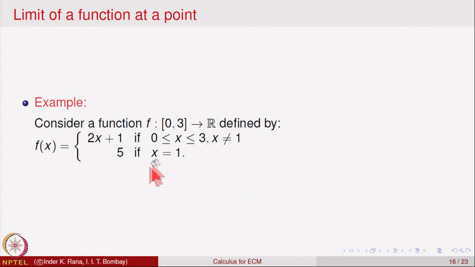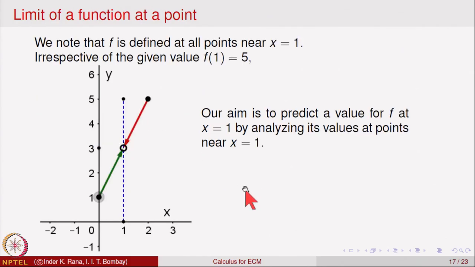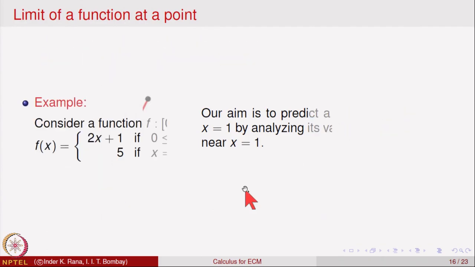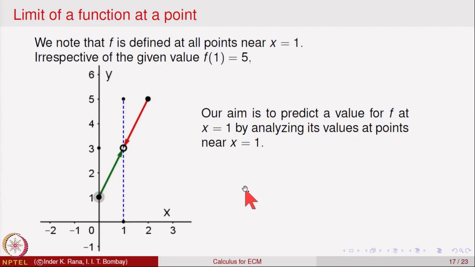Because it is essentially a linear function except at x equal to 1, we can sketch a graph of this function. This is what the graph looks like. It is a linear function everywhere except at the point x equal to 1, where the value is 5.